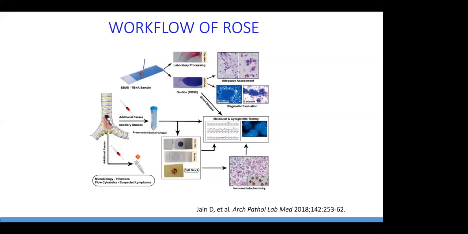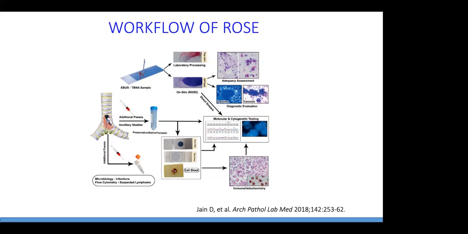Because in rapid on-site evaluation, we can not only say to the clinician, okay, I have material, but also split the material for the different ancillary techniques that I will eventually need according to the type of pathology that I'm looking at.